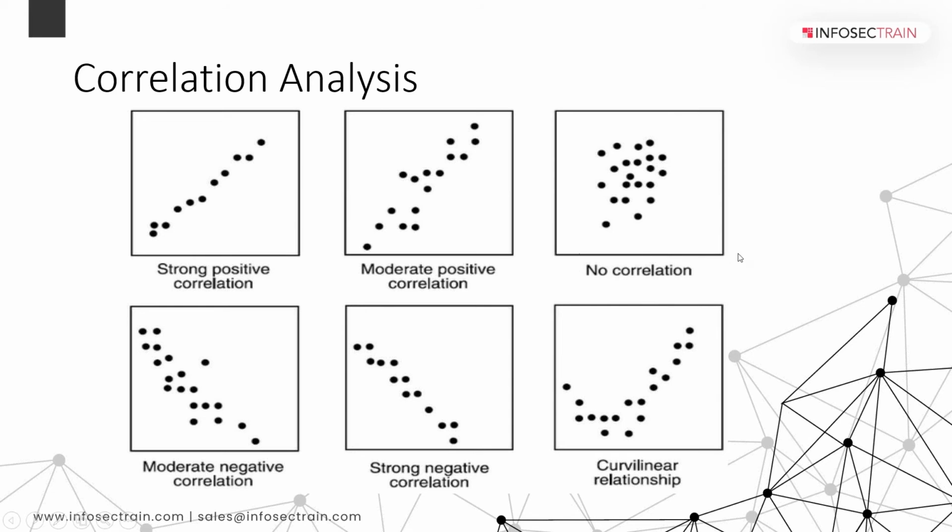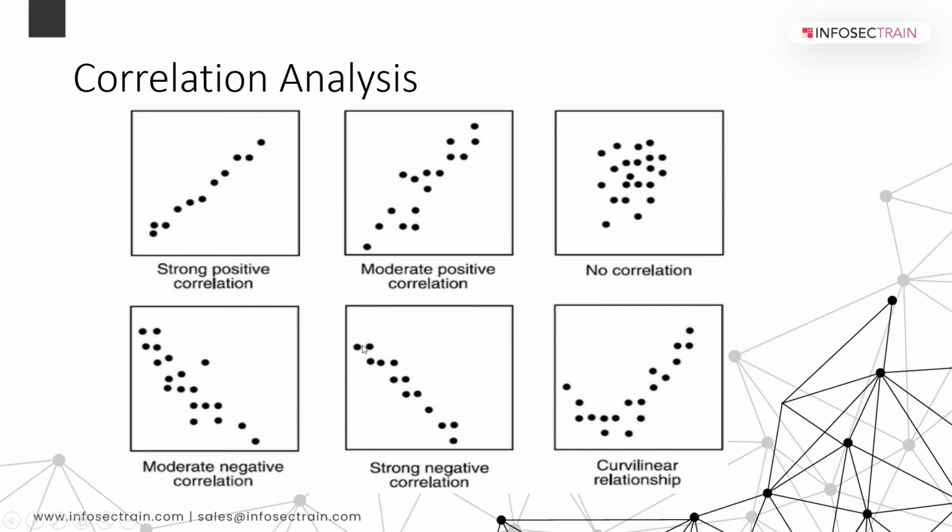X and Y are nothing but the two numeric columns in our data. Then if your data shows a downward trend with some scatter present, you simply say that there is a moderate negative correlation between X and Y variables or columns.